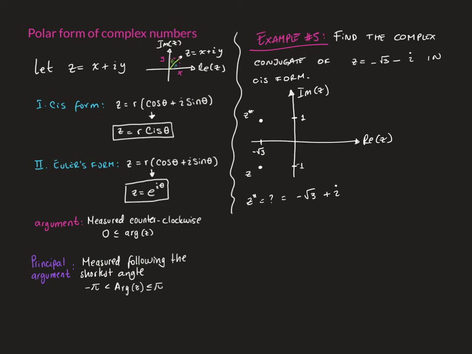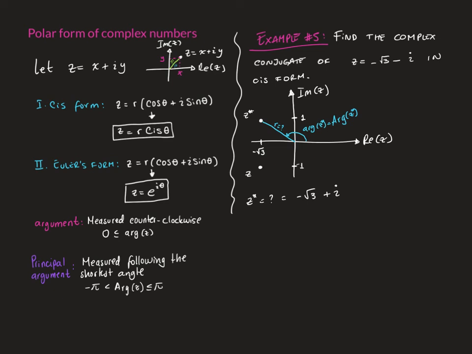Now the number that we want in cis form is this one. So we need to figure out what the magnitude is, and also what the argument is going to be. Now the argument, principal or regular, they are going to be the same in this case because we're talking about an angle that is in the second quadrant.